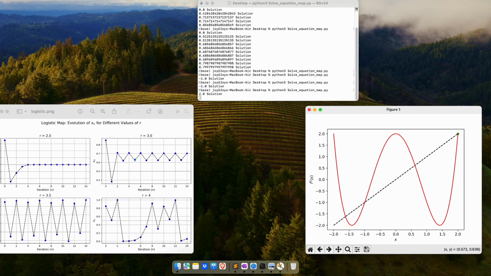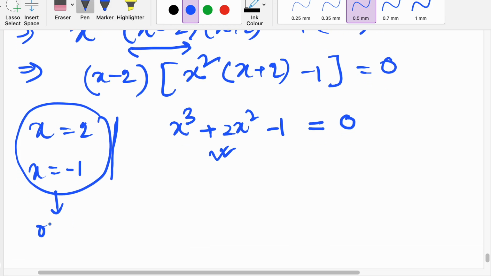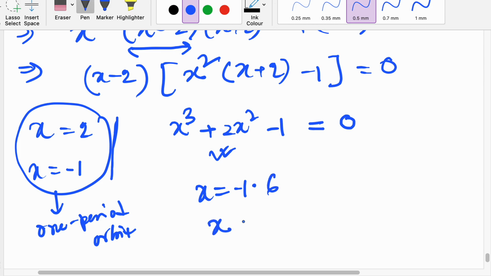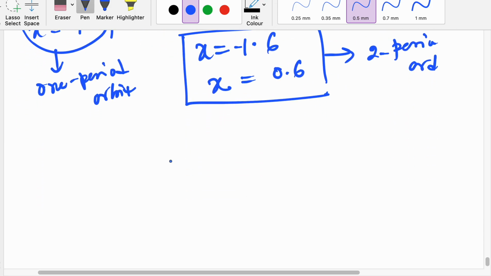So here there are four solutions: two solutions corresponding to the one period orbit, and another two, one is minus 1.6 and another is 0.6. These two will be a two period orbit. These two points are minus 1.6 and 0.6.